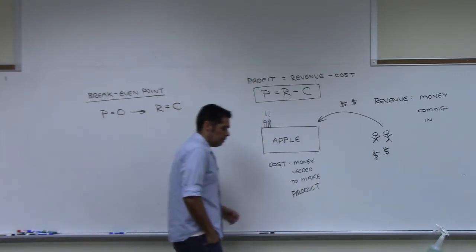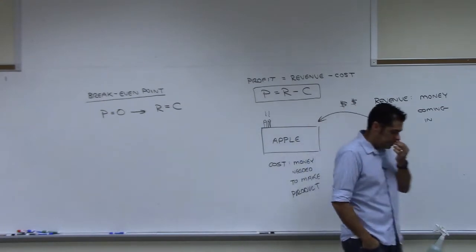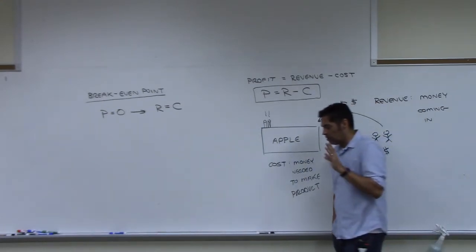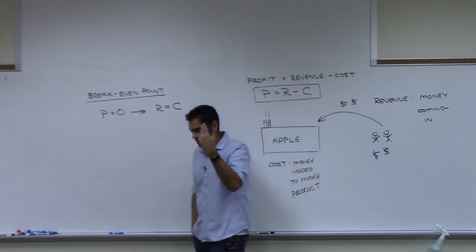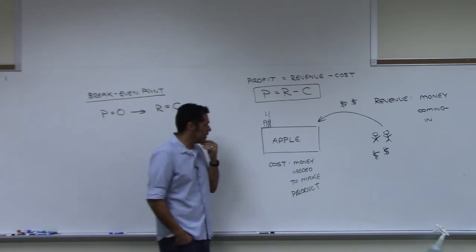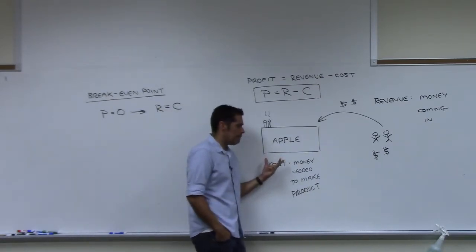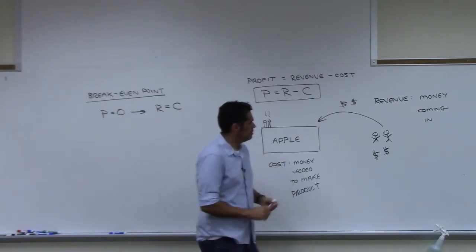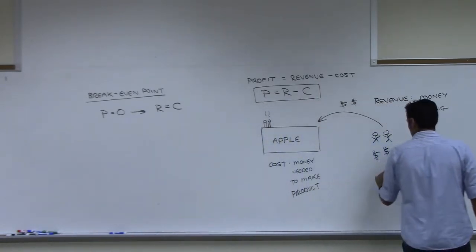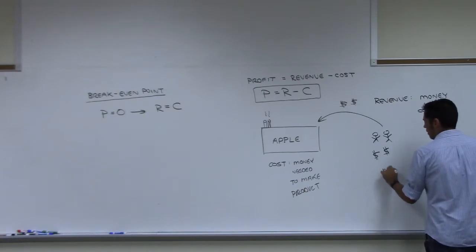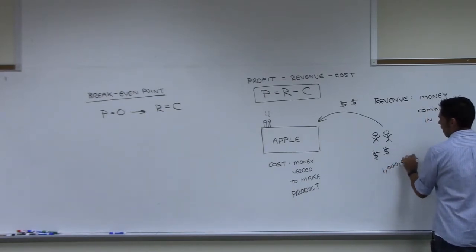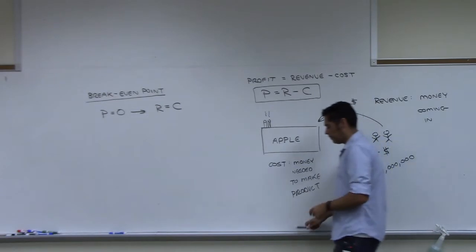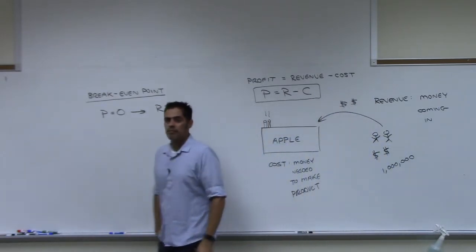So let's talk about businesses like Apple. I mean, we don't know for sure, but let's try and logically understand what's going on here. The new iPhone 8's coming out, and let's say they think there's going to be 1 million people that want the new iPhone.